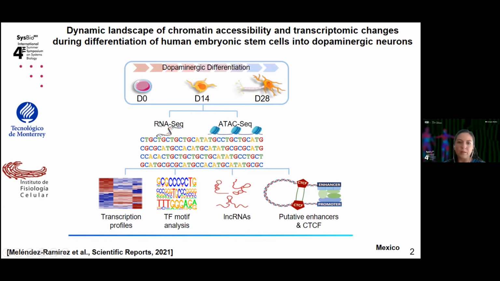So what we did was we performed RNA-seq to obtain all the transcriptional modifications that are going on. But this RNA-seq is like the highest level. We want to know who is regulating who. So we also performed ATAC-seq.